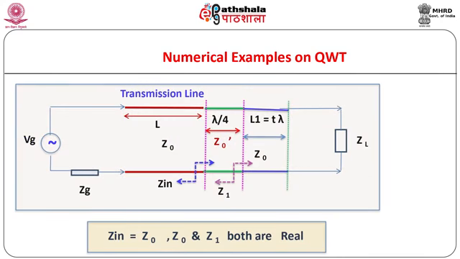To overcome this difficulty, another section of the transmission line with characteristic impedance Z0 of appropriate length, say L1 equal to Tλ, is connected between the QWT and the load as shown. The length L1 is so selected that its input impedance Z1 is real.